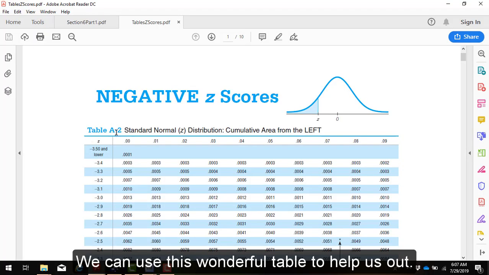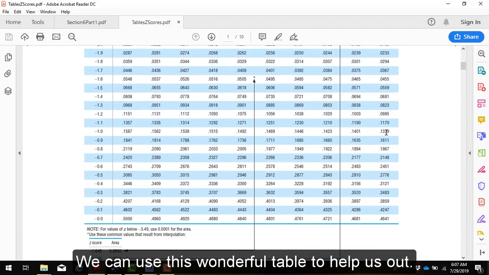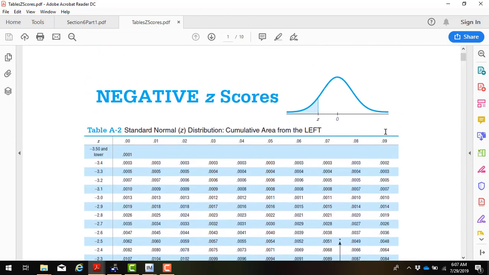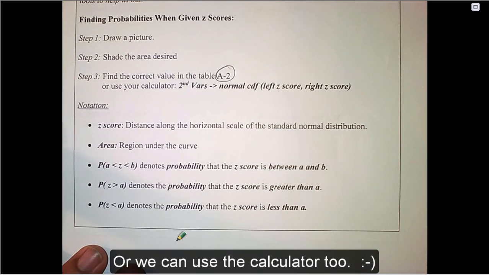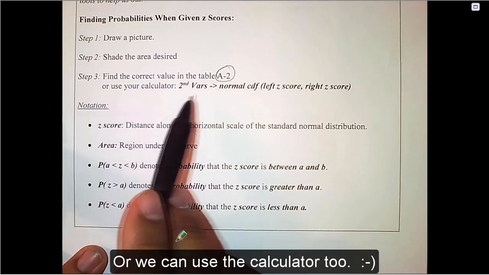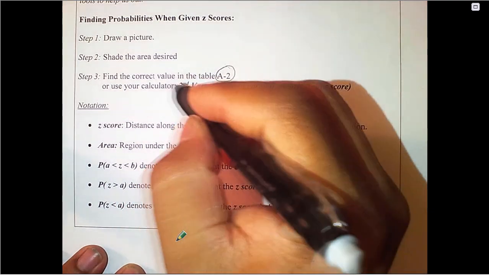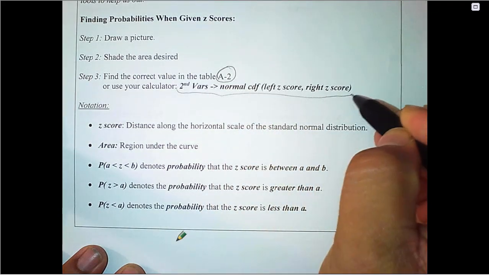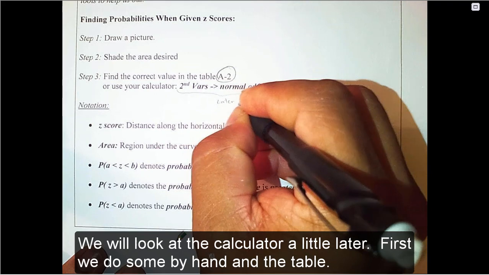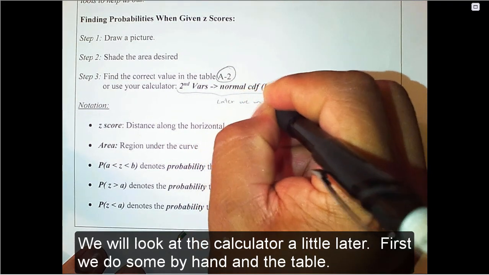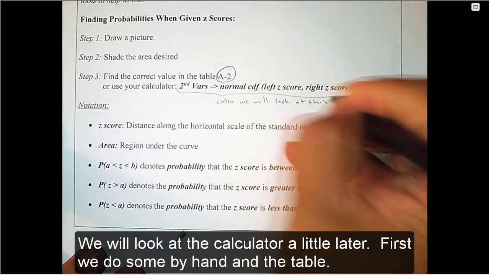We can use this wonderful table to help us out. Or we can use the calculator too. We will look at the calculator a little later. First, we do some by hand and the table.